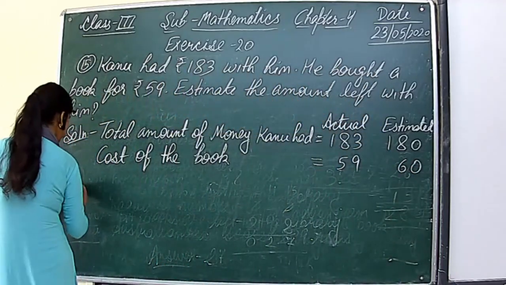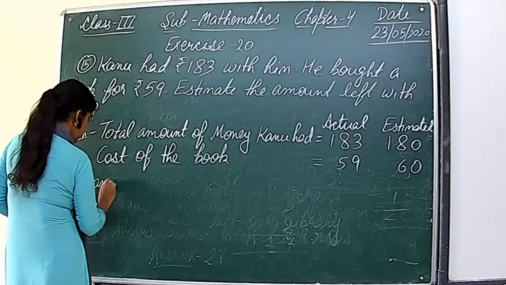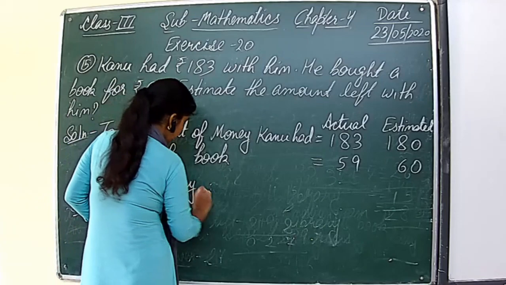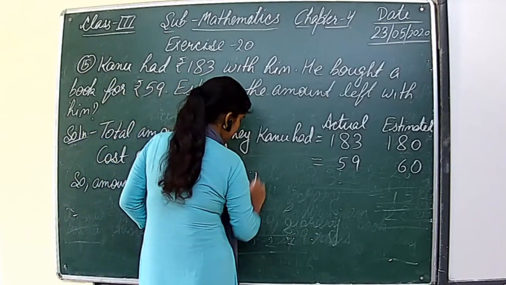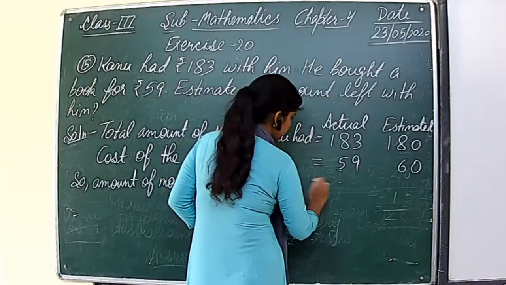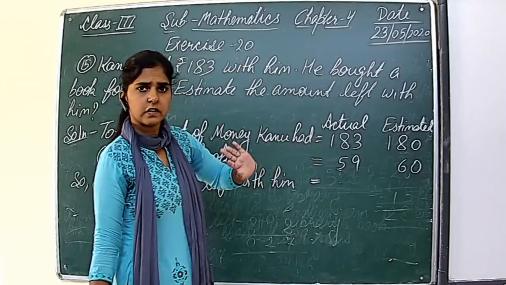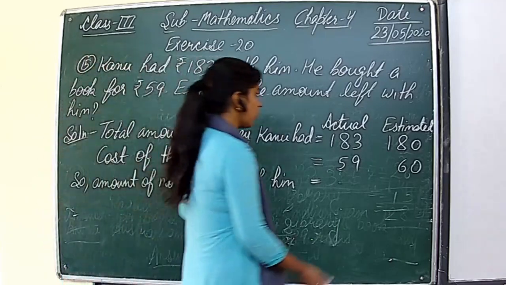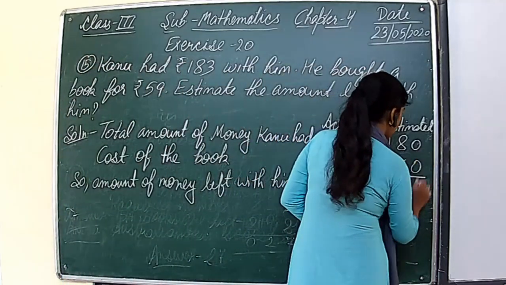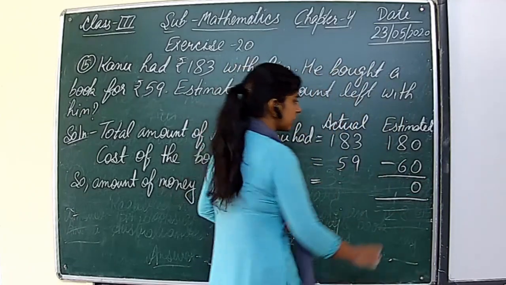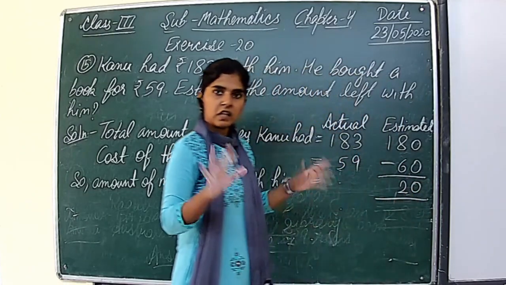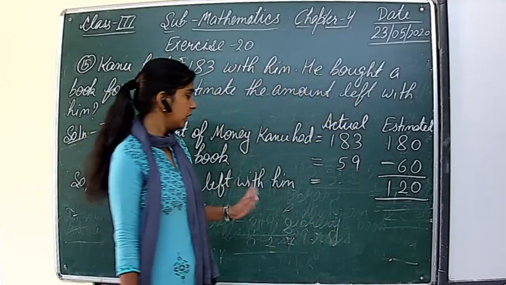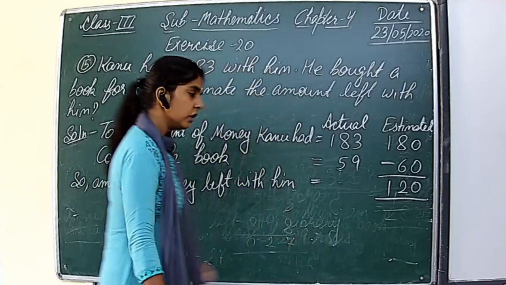So the amount of money left with Kanu, or left with him, is equal to... no need to subtract these numbers exactly because only the estimated answer is asked in the question. So let us subtract: 0 minus 0, 0; 8 minus 6, 2; 1 minus nothing means 1. So the estimated amount of money left with him is 120 rupees.